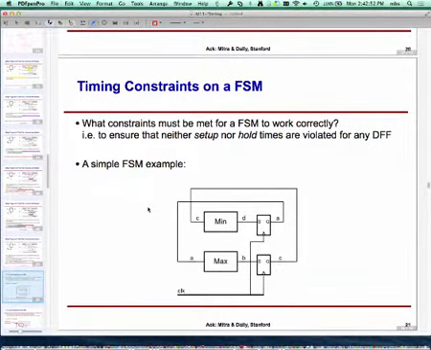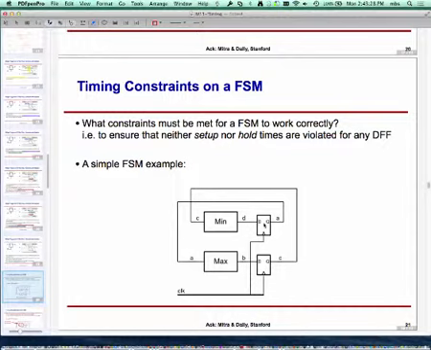Okay, so now let's go back and look at what it means for my complete sequential circuit. For combinational logic, we know that it has propagation delay and contamination delay. For flip-flops, we know it has setup time, hold time, propagation delay, and contamination delay. And for correct operation, we need to make sure that the input to a flip-flop is ready on time and remains stable during the region required by this flip-flop.